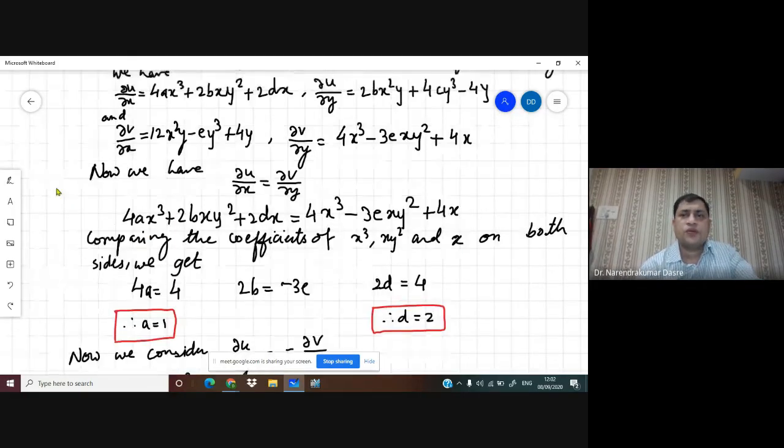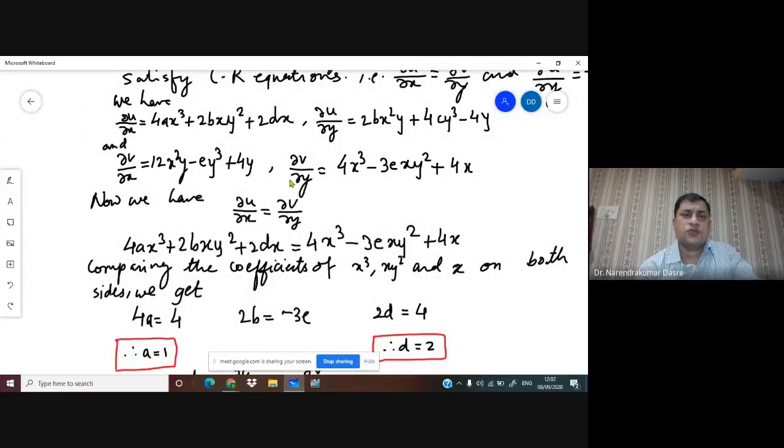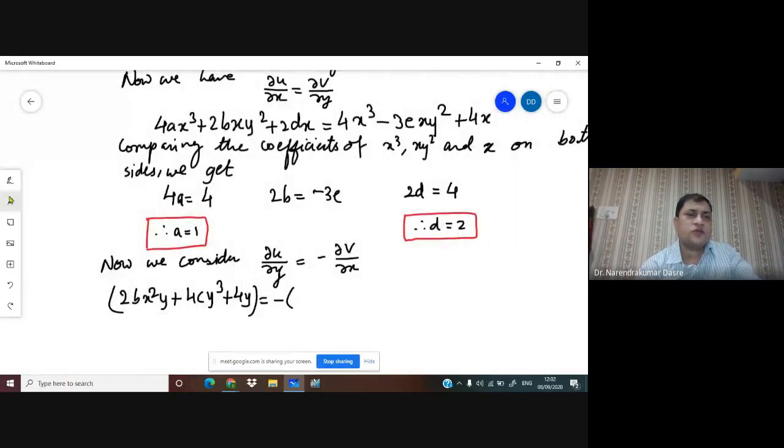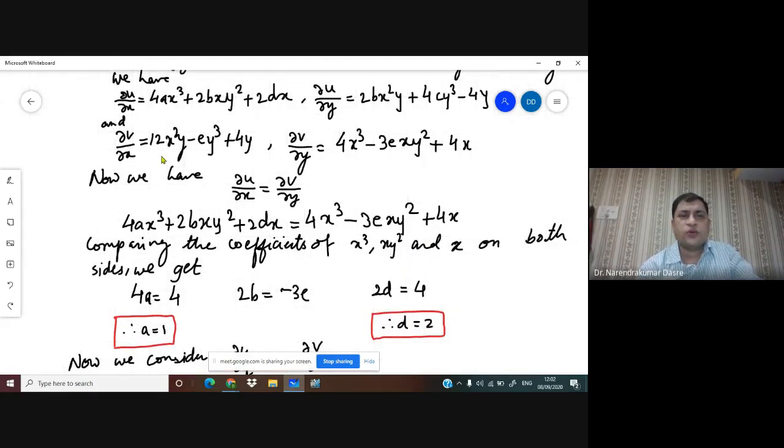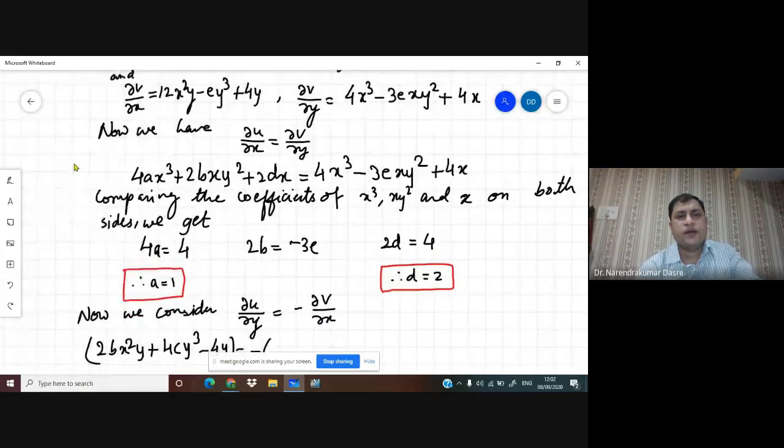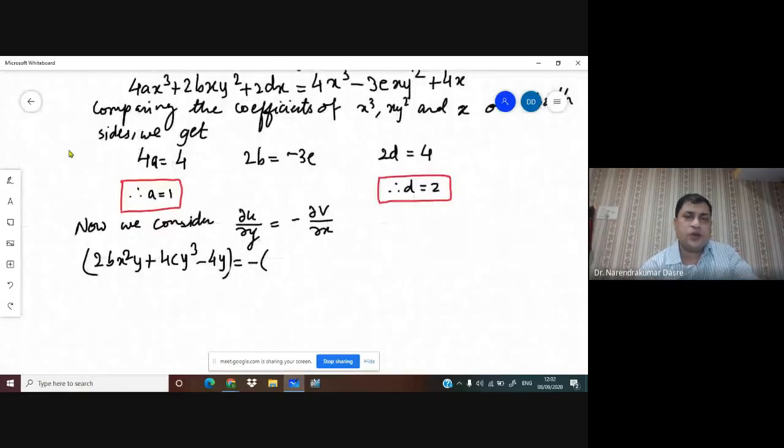Okay, so this is going to be minus 4dy. Okay, so we have to be careful. Okay, minus 4y, minus here what we have, see, this is going to be 12x square y minus ey cube.